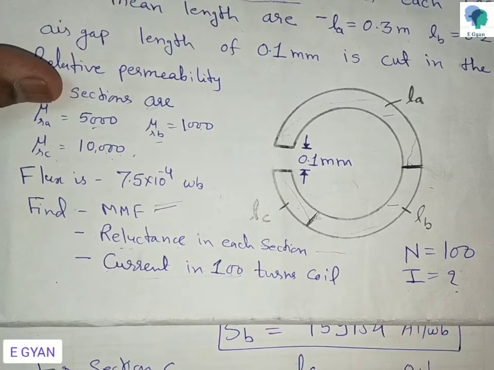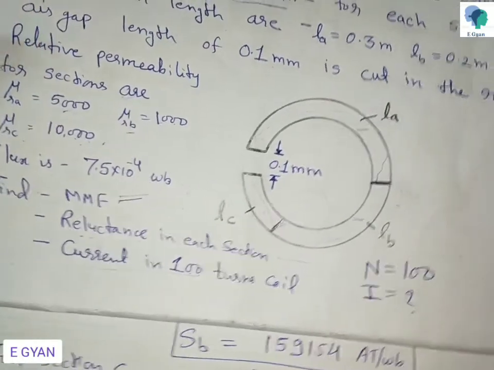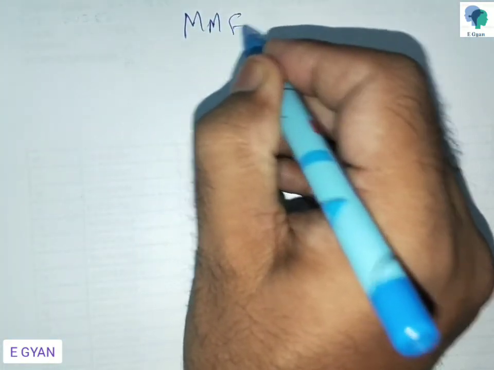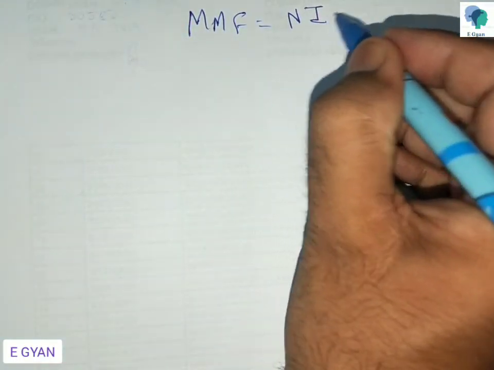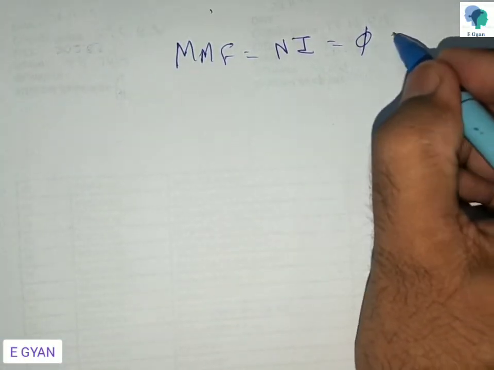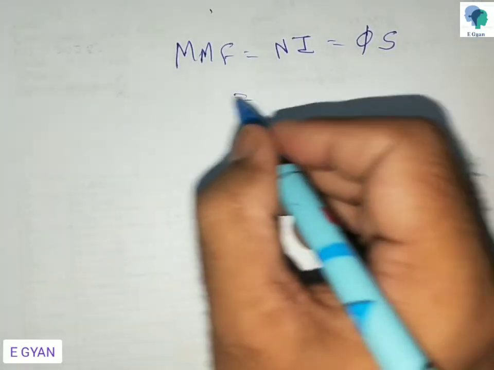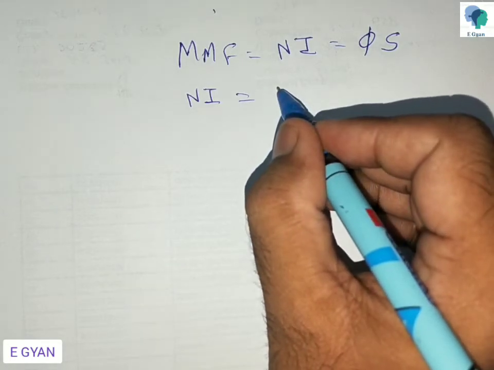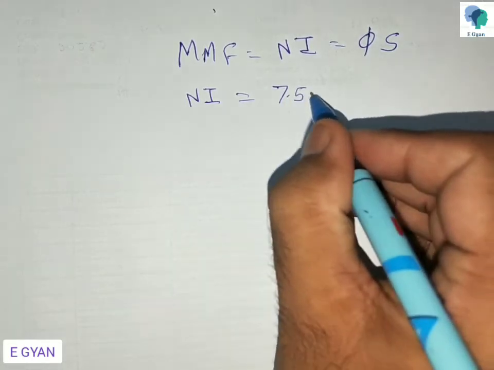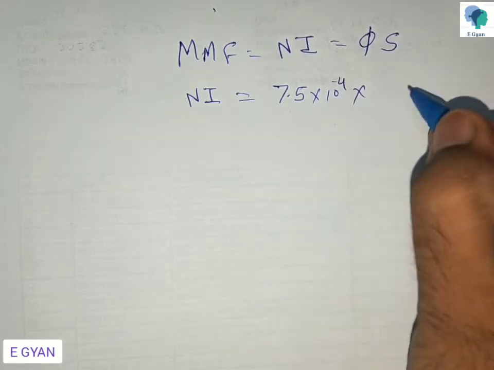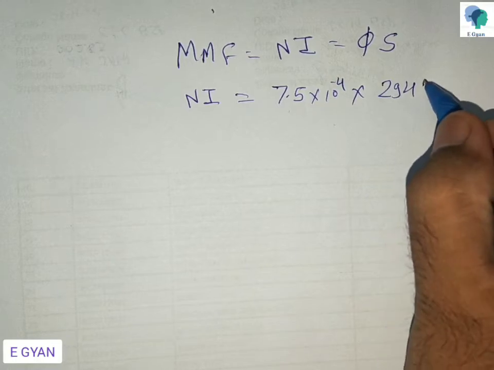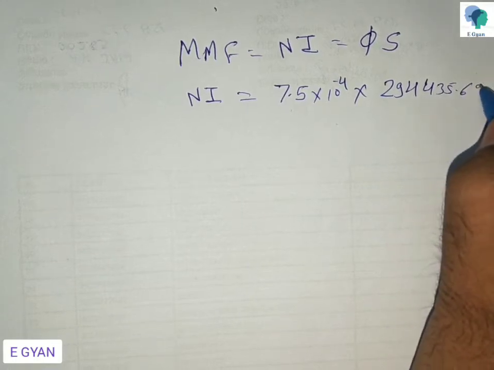Now we are going to calculate the MMF. What is the formula for MMF? MMF is equal to Ni is equal to phi S. Phi is given in the question, and the value of phi is 7.5 into 10 to the power minus 4, multiplied by S. We just calculated the value of total S as 294,435.69.